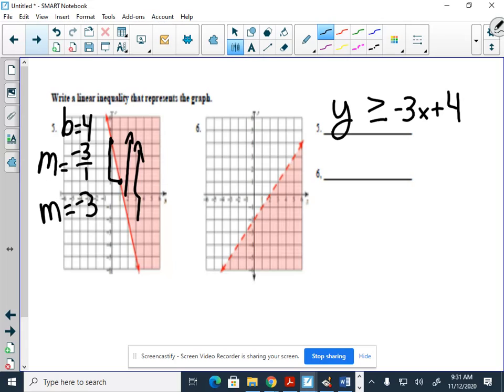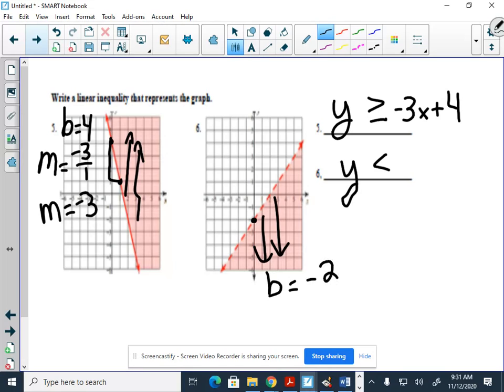But y is, which sign? Less than. Does it have the equal? No, because it's a dashed line. Okay? Now we need an M and a B. B looks like what?